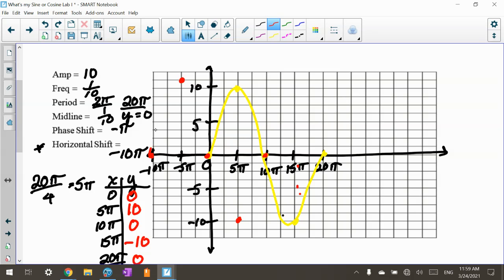So it kind of overlaps a little bit. What's in red is the graph. So it's not so pretty, but I hope that you can see what I did here, and I hope that helped.